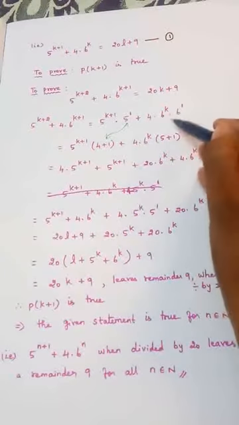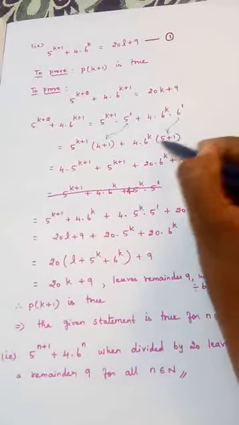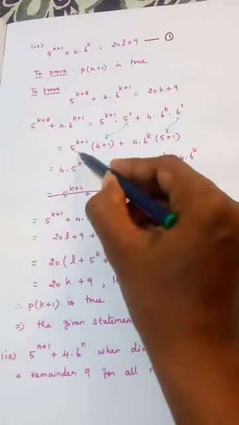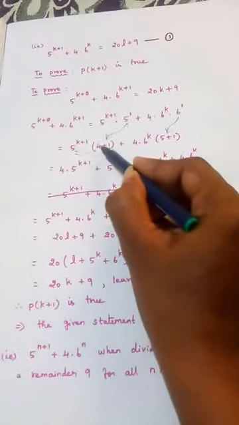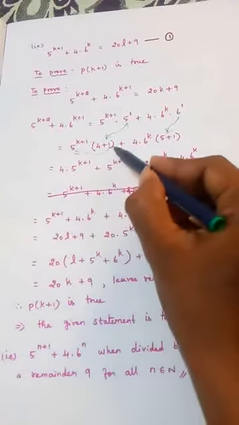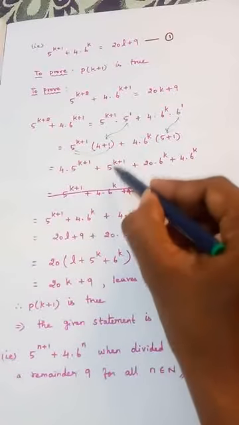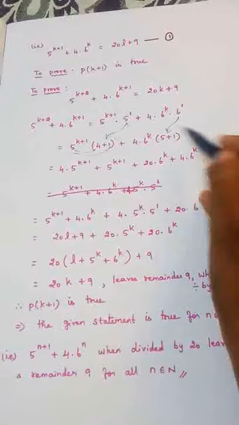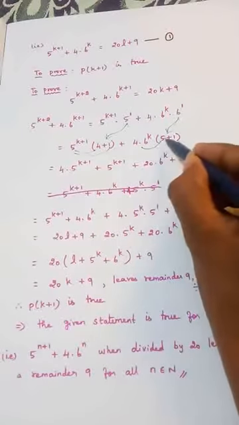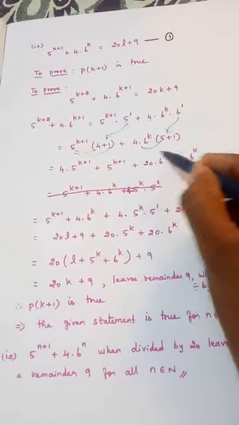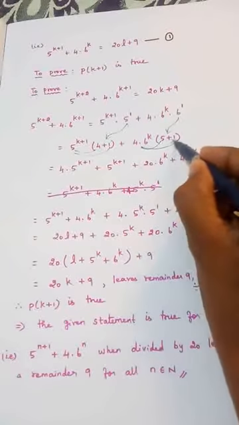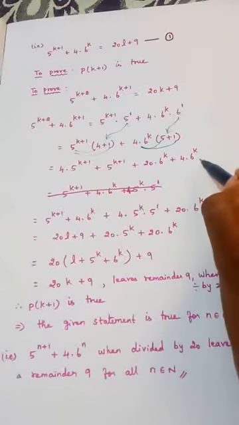In 4 into 6 power k, 6 is written as 5 plus 1. Bringing this inside, 4 into 5 power k plus 1, and 5 power k plus 1 into 1 is 5 power k plus 1. Similarly, bringing this inside, 5 4s are 20 into 6 power k, and 4 into 6 power k.